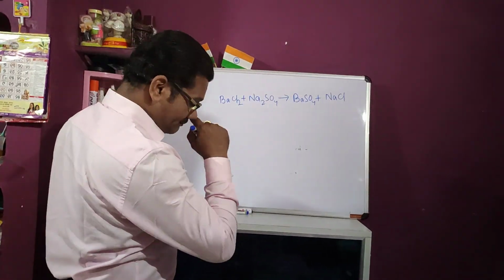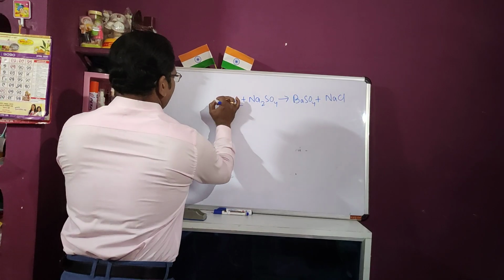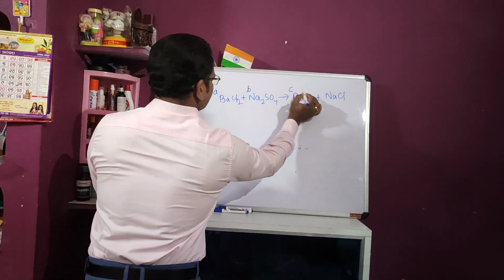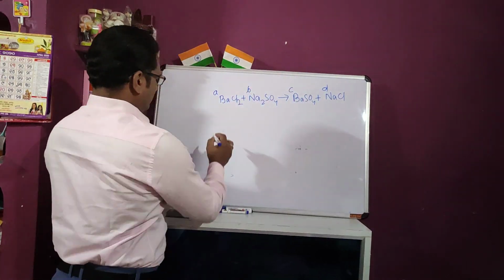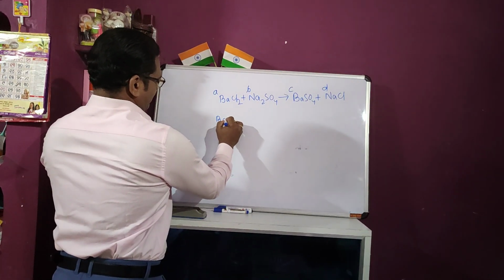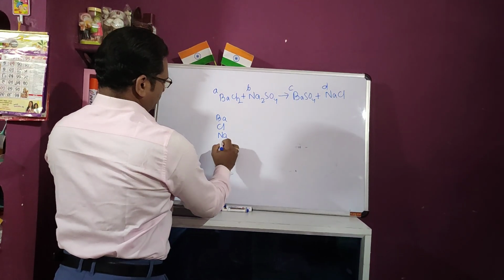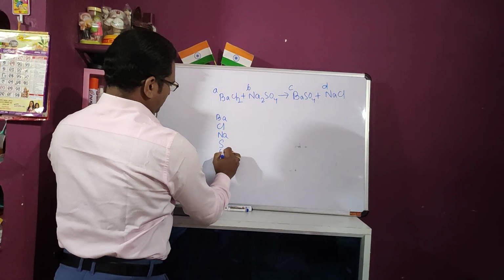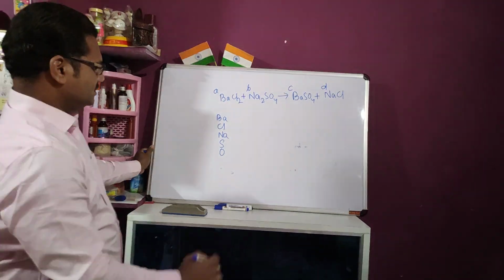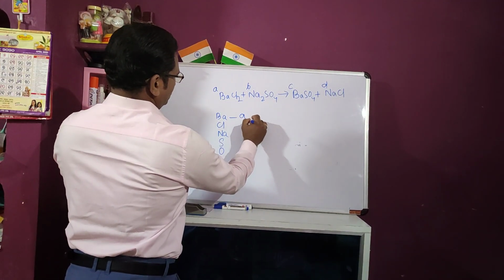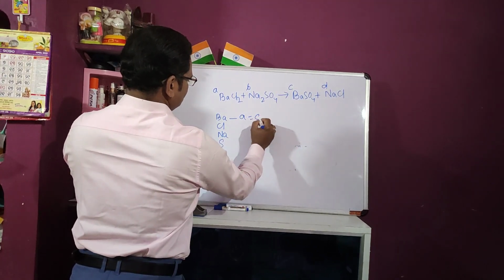Now, same thing, I will have to write A, BaSO4, B, here C, here D. Now, what are the elements present? Barium, chlorine, sodium, sulfur, and oxygen. Right? So, barium, how many? A. So, A equals C here for barium.